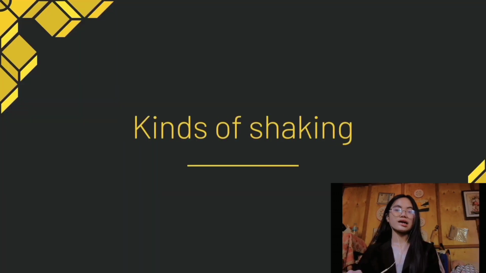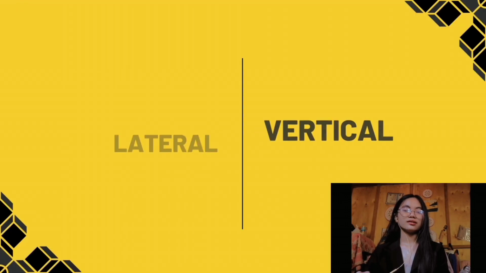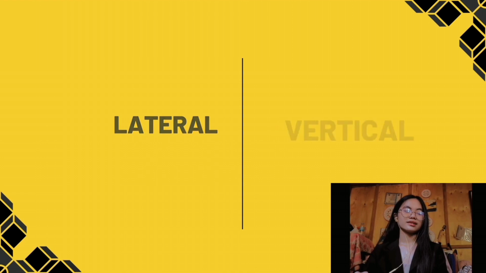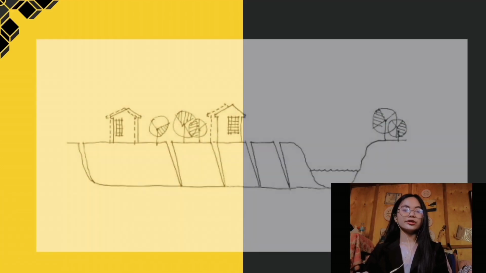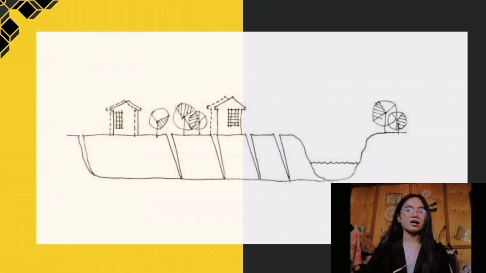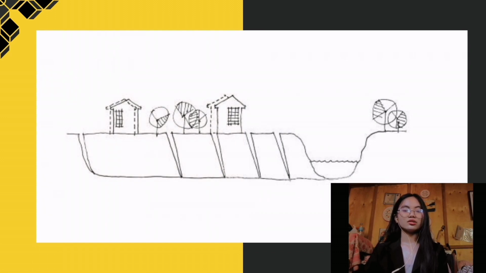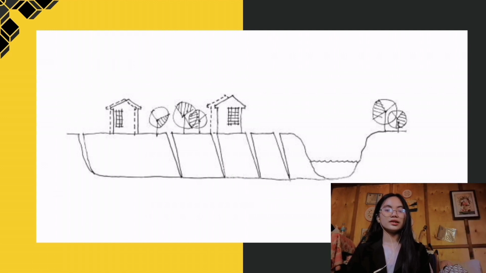There are two kinds of shaking, called vertical and lateral. The first one is lateral. In the picture, lateral movement occurs when earthquake shaking causes soil to lose cohesion and move relative to the surrounding soil. Lateral movement can be entirely horizontal and occur on flat ground.